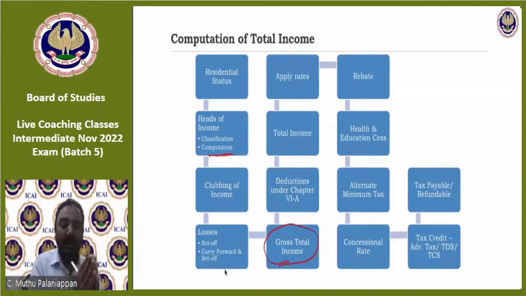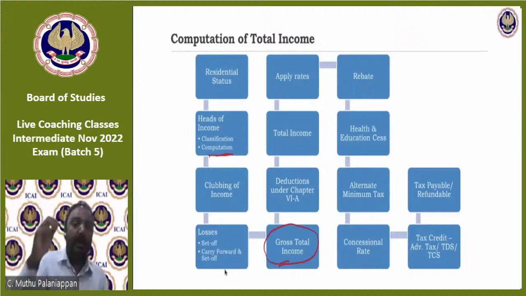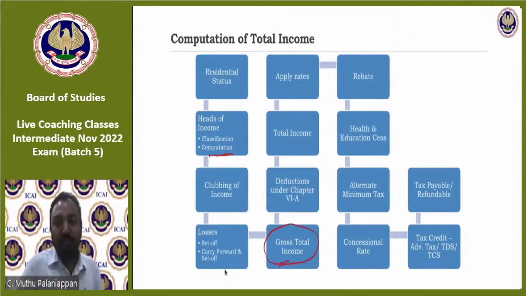So you need to understand the deductions, as that is important. You deduct the Chapter 6A deductions from your gross total income, and with this you get your total income.